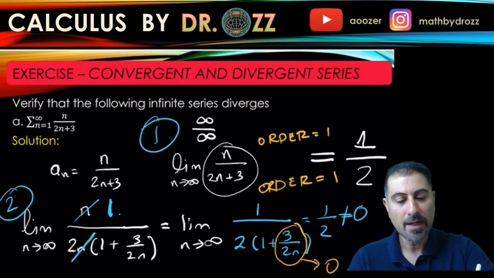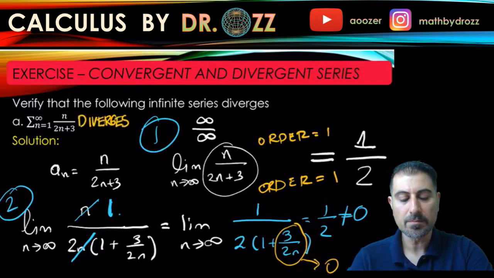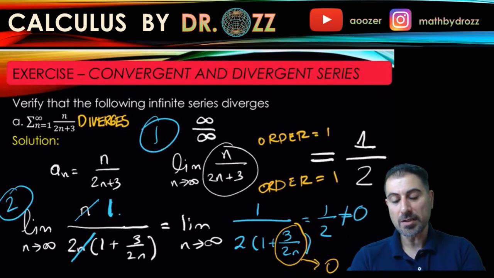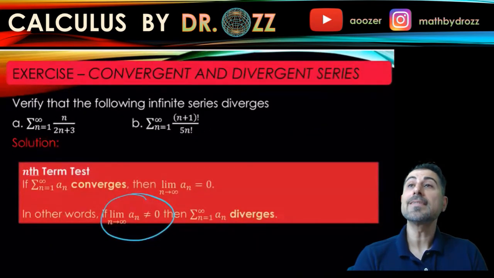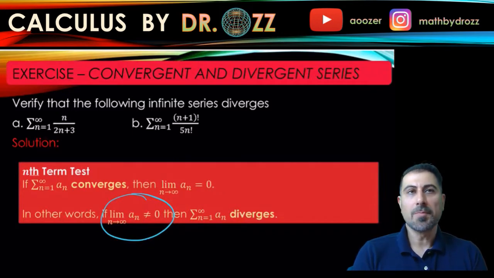So I can go back and conclude that this series diverges by using the nth term test. This is a very convenient way of showing the divergence of infinite series, because in practice we just check the limit. If the limit is not 0, then boom, you're done.